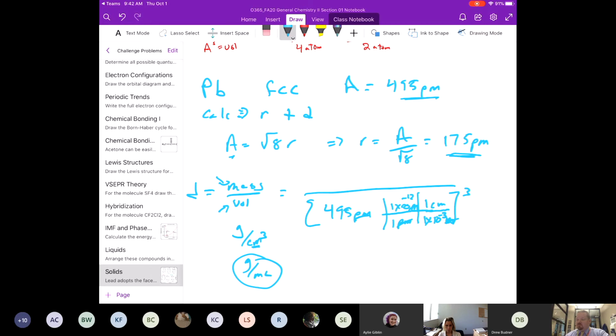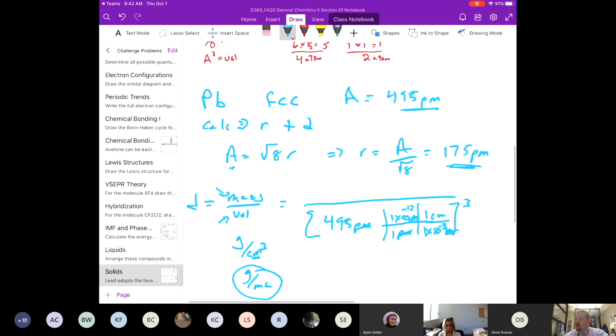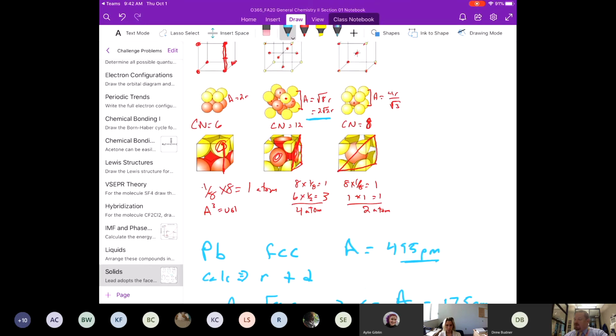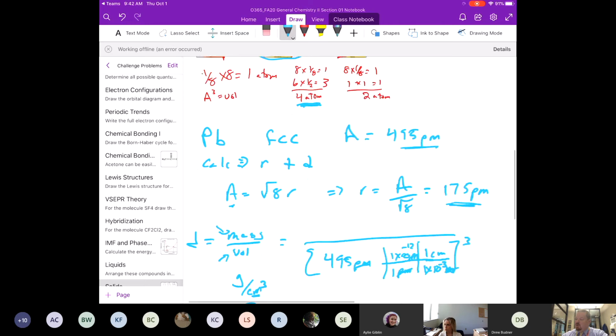All right. So now, if we come back up to, we have to calculate the mass that's inside of this cube, which is going to be essentially equivalent to the number of atoms we place inside that cube, right? So for a face-centered cubic, we have the equivalent of 4 atoms worth of material in that cube.